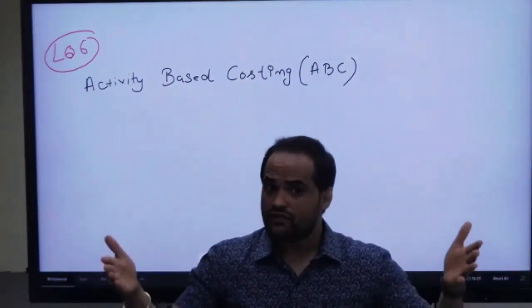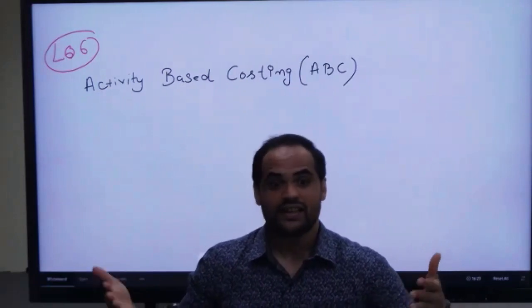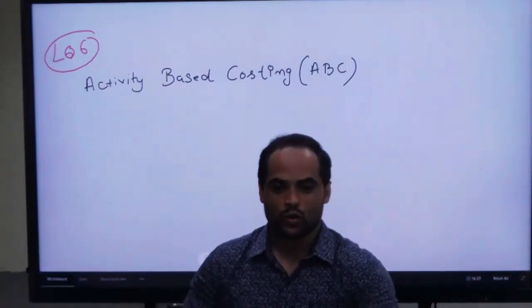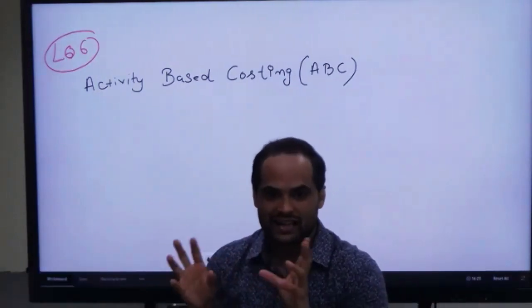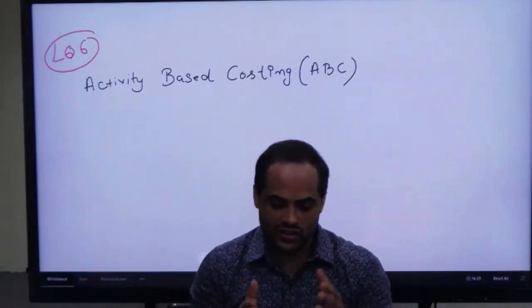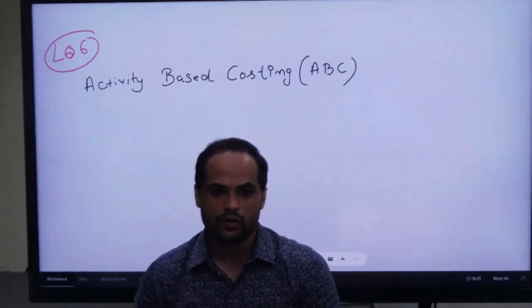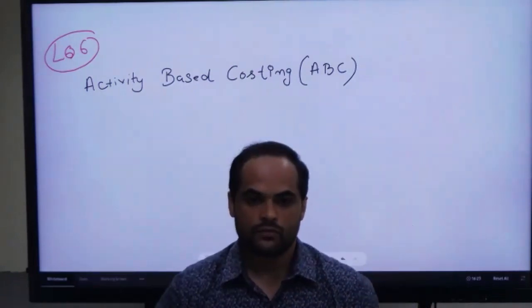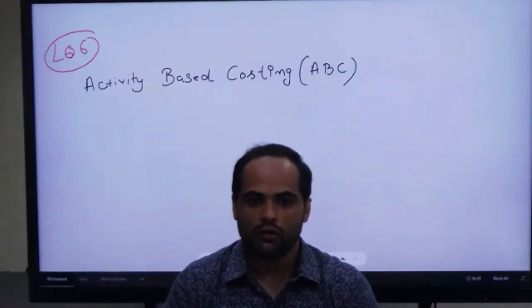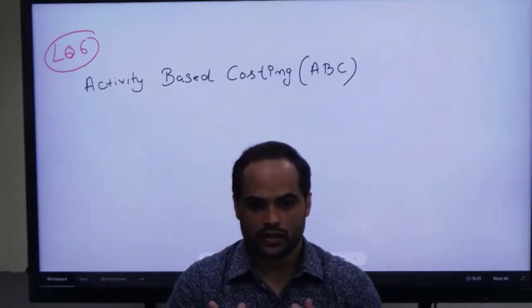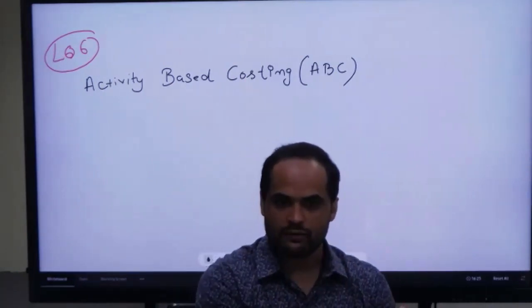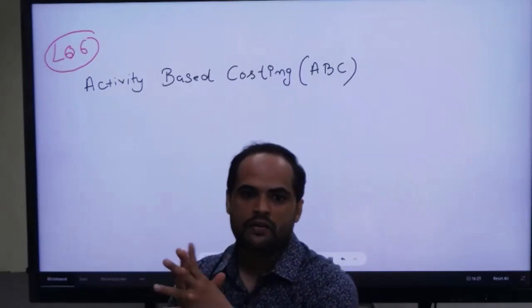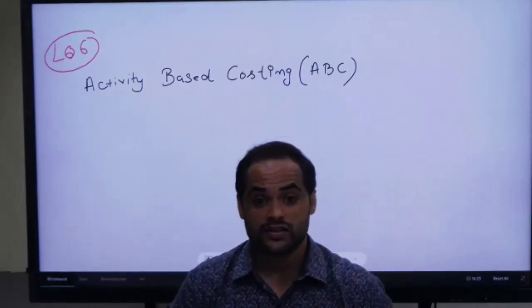So that 5, 10, or 15 minutes cost is an overhead. So we have to focus on that kind of activity as well, not just machine hours and labor hours. So in simple words, activity covers everything which is involved to produce a product, not just machine hour activity, labor hour activity, unlike traditional costing, right?